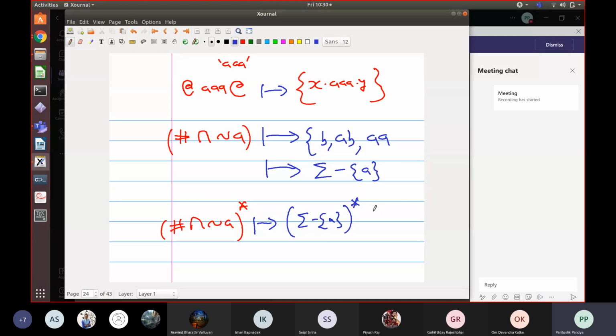That is any string which is made out of letters other than letter A, right? So it will include strings like B, B, C, D, even epsilon. A should not occur anywhere in it, right? Because we have taken sigma minus A as denoted by this and taken its Kleene closure. So I hope this example is clear to you.